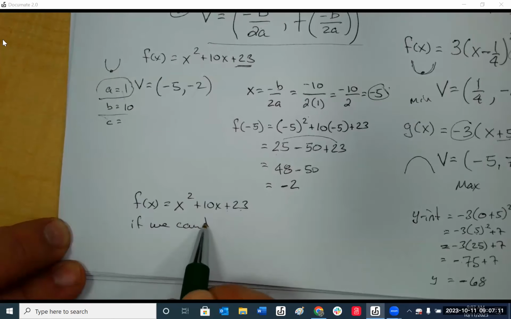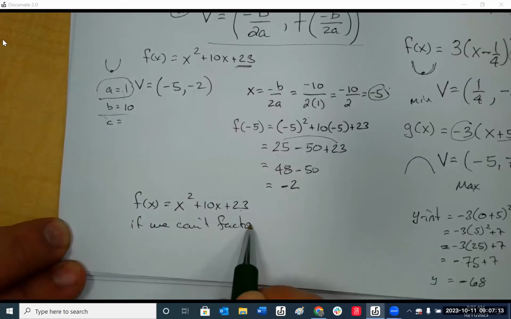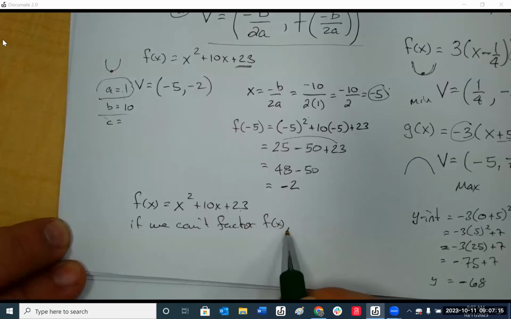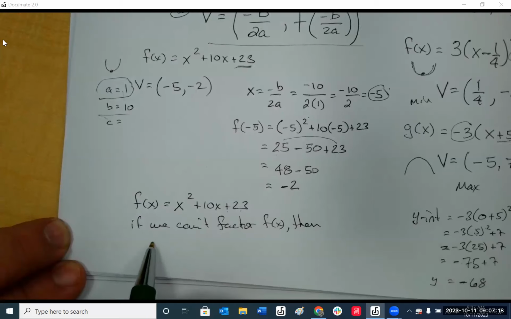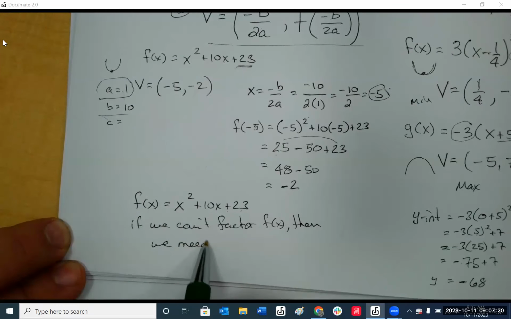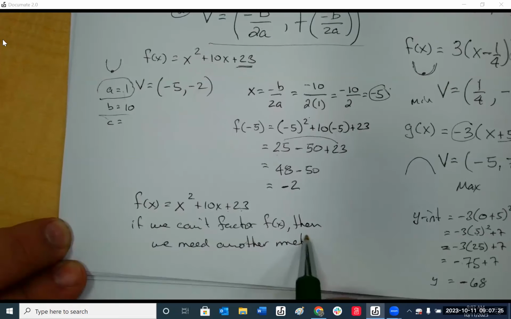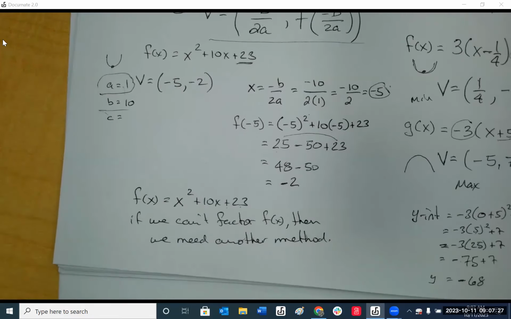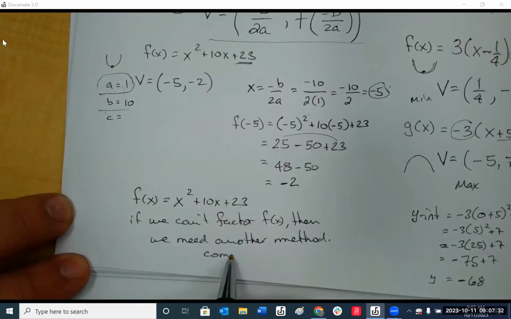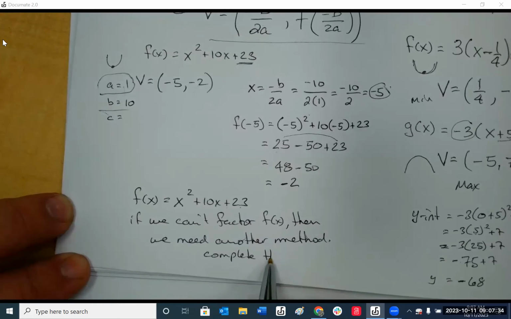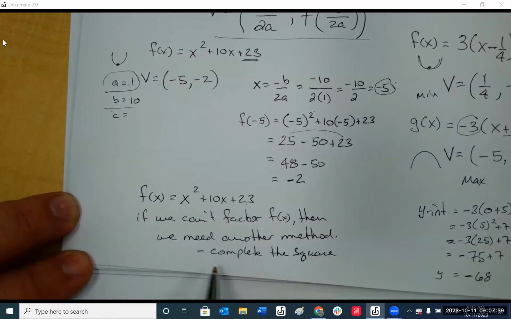If we can't factor the function, then we need another method. And I'm going to show you two of them: complete the square and the quadratic formula.